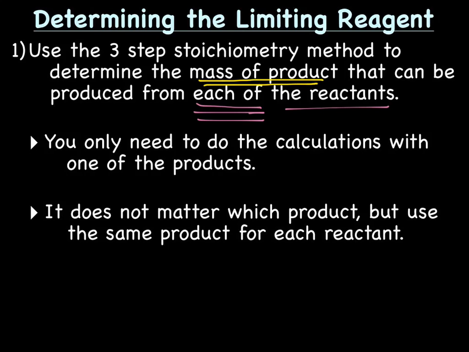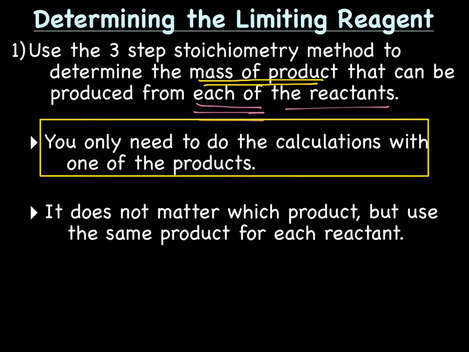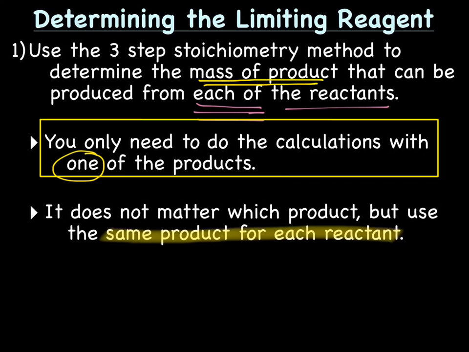You only need to do the calculations with one of the products. It doesn't matter which one, but make sure you use the same product for all calculations for each reactant.